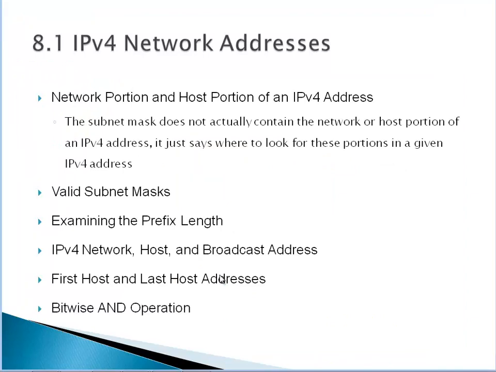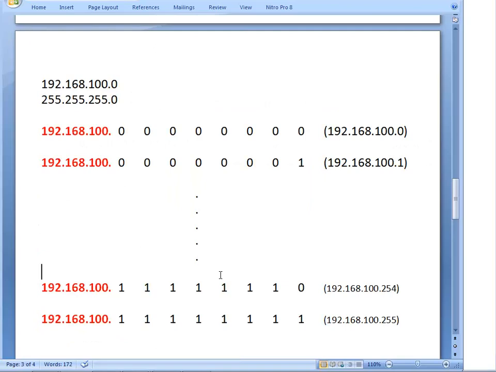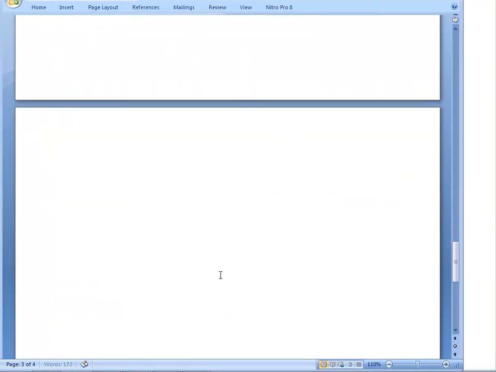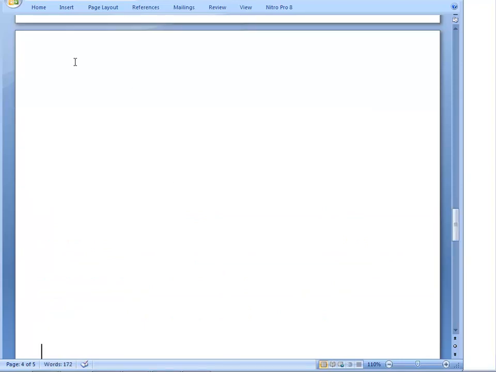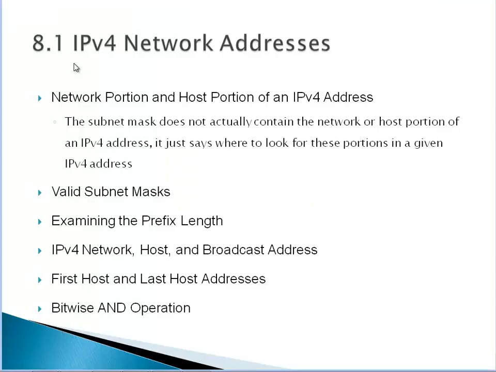Bitwise AND operation. First, we need to know how the computer knows, when it wants to send data, whether it is on its own network or in somebody else's network, a remote network, for example. What it's going to do is a bitwise conversion.